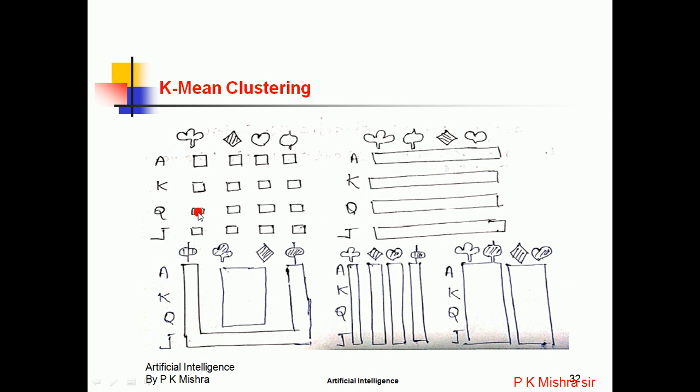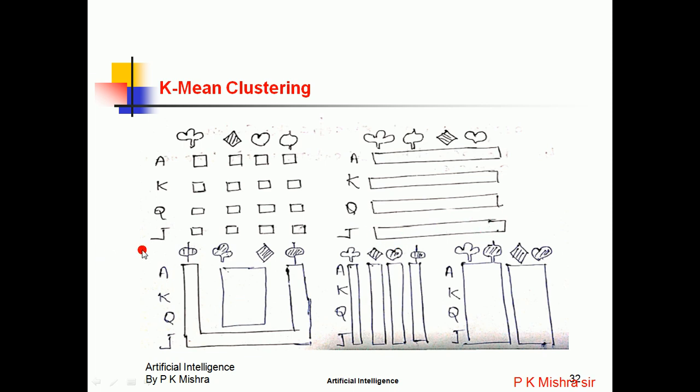If the objects in the third row are all similar, we make this cluster using these four objects. Similarly, if the objects in the fourth row are similar, we make this cluster.